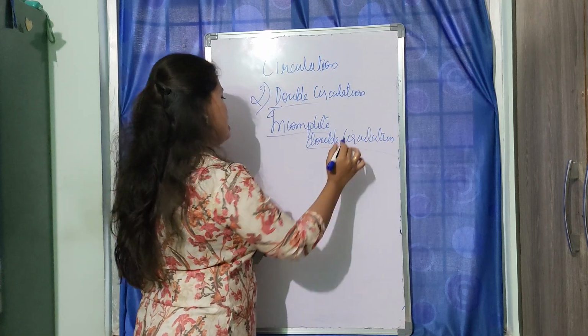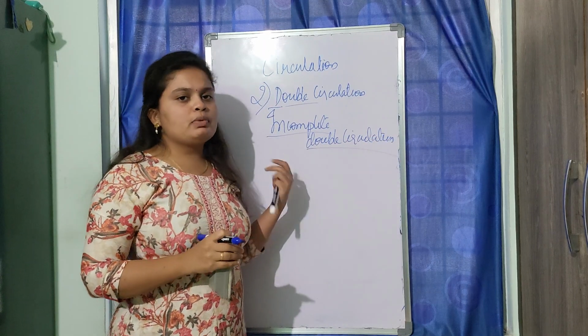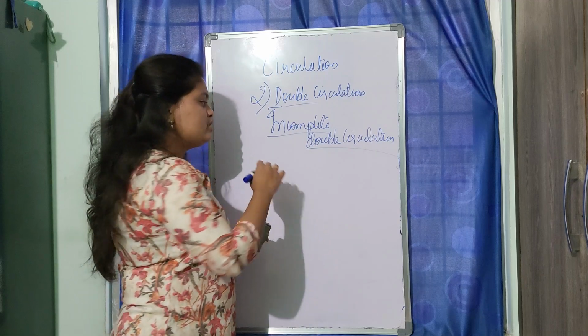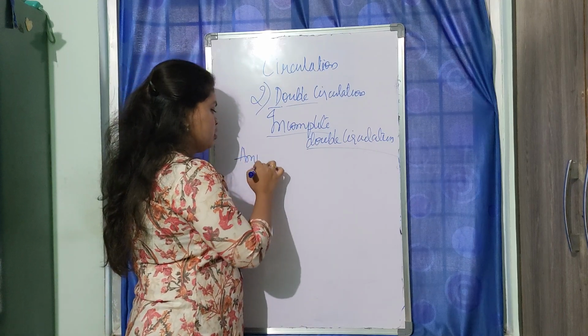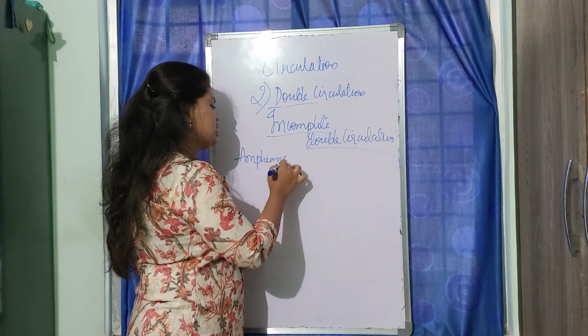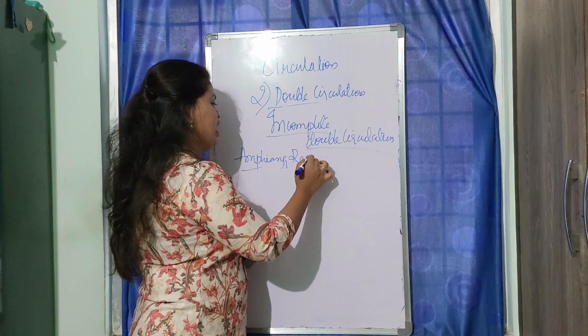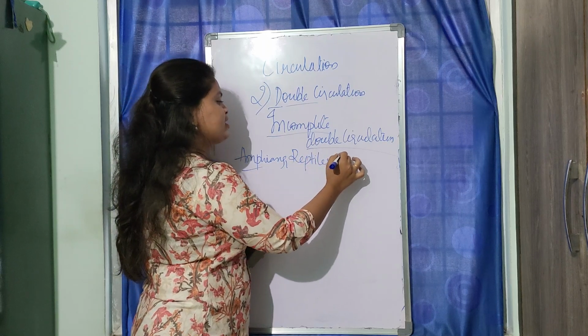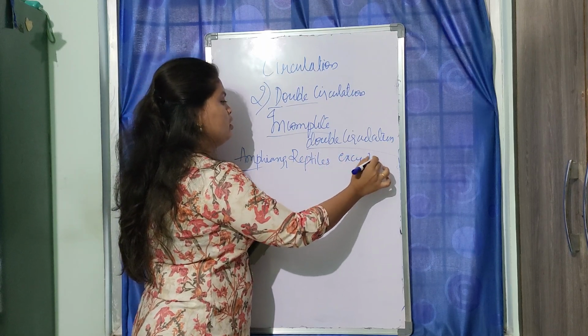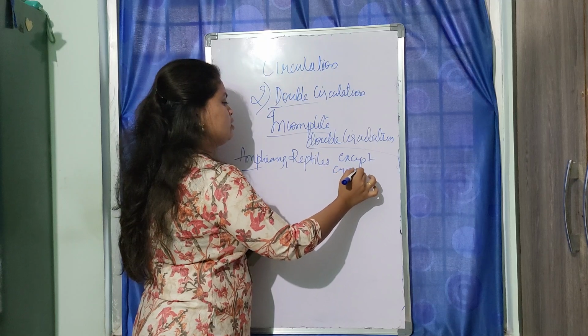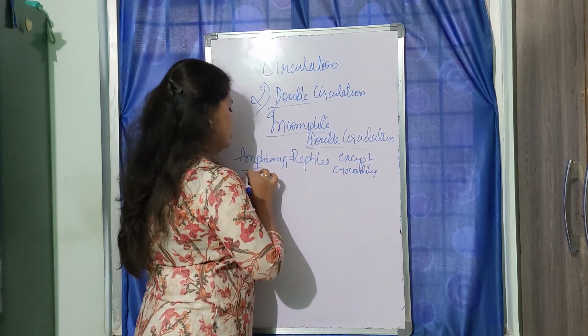Let me take an example of frog to explain this type of circulation. As you know, amphibians and reptiles except crocodiles have a 3-chambered heart.